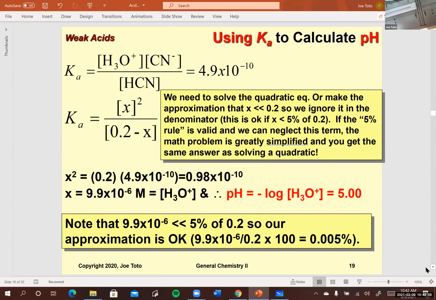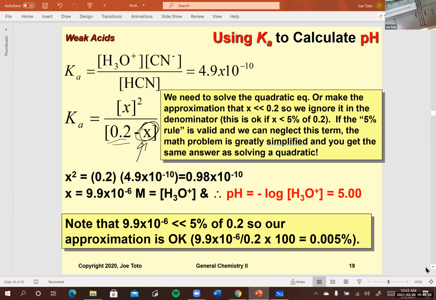This is the solution to that previous problem. So you should hide this too, figure it out, and see they go back and they check out the 5% rule to make sure that that x over here was in fact less than 5% of what they neglected to subtract it from, which is the 0.2.